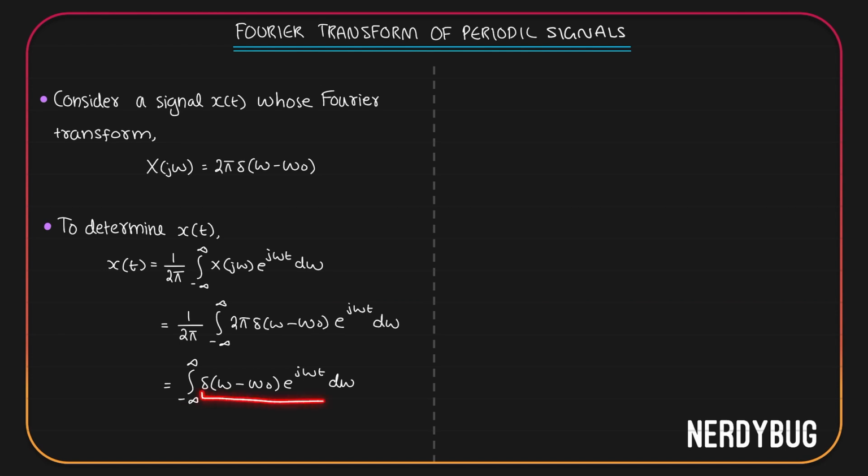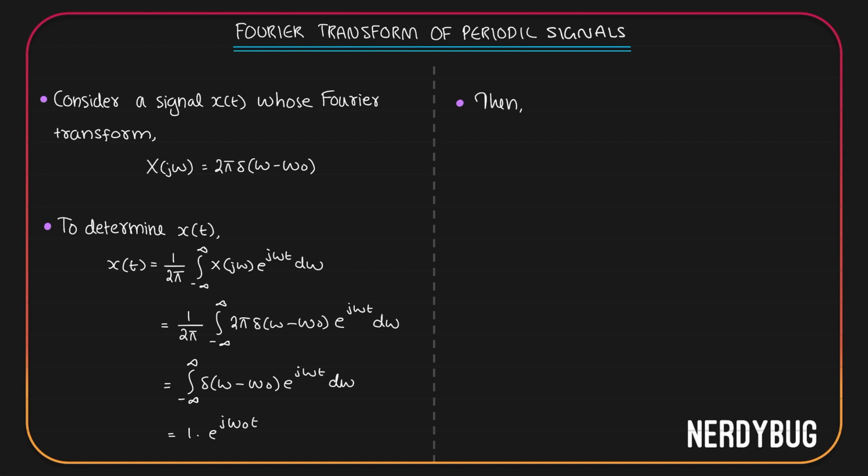No, this function is going to be 0 everywhere other than omega naught. So to get the integration, all you have to do is take the value of this whole function at omega equals omega naught. So we get delta of omega naught, which is 1, multiplied by e raised to j omega naught t. So the function we were talking about, whose Fourier transform is of the form 2 pi delta of omega minus omega naught, is simply e raised to j omega naught t.